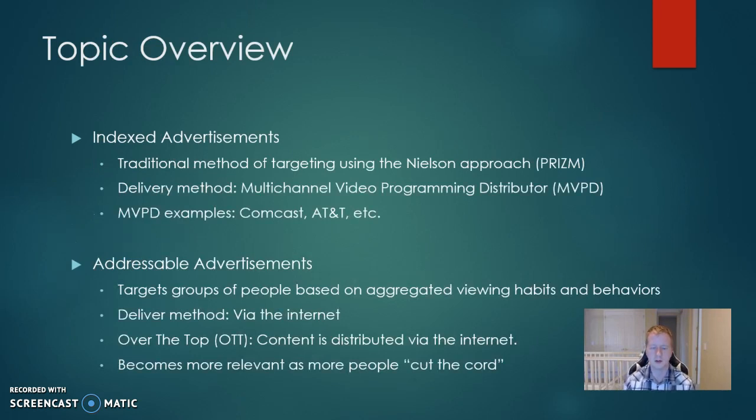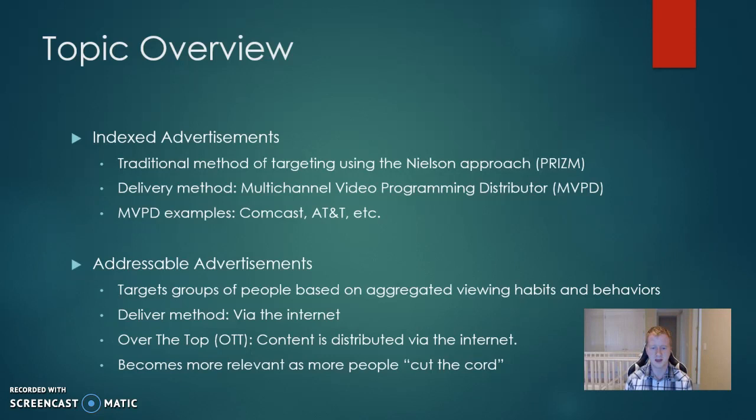So for the topic overview, the article discussed both indexed and addressable advertisements. I first had to learn what an indexed advertisement was. I didn't really understand that concept, but after reading the book and doing some research online: indexed advertisements are the traditional method for targeting a population and are normally done with the Nielsen approach or the PRISM, which stands for Potential Rating Index for zip markets.